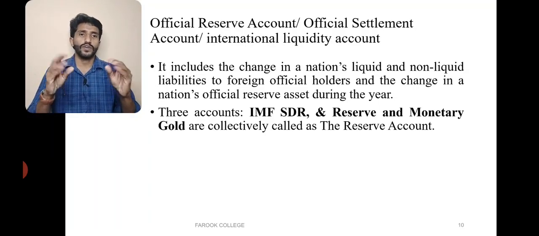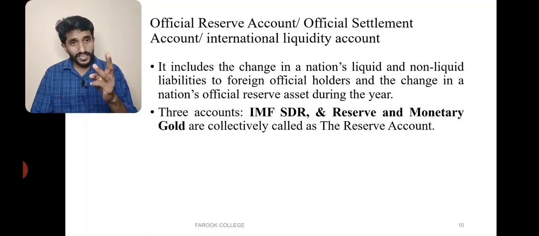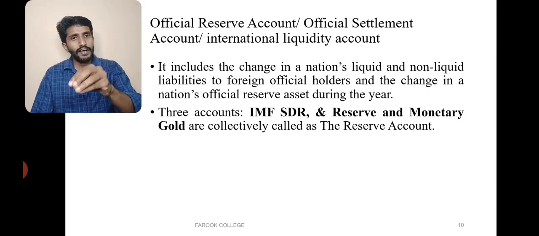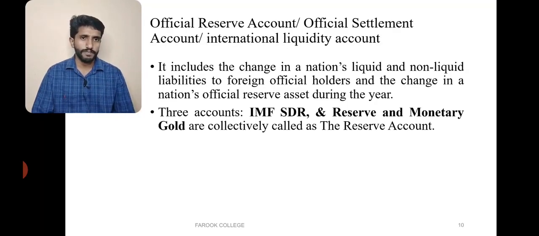So these all are included in official reserve account. Mainly we have some reserves in the IMF, so we will be depositing in IMF SDR. What is SDR? Special drawing rights.